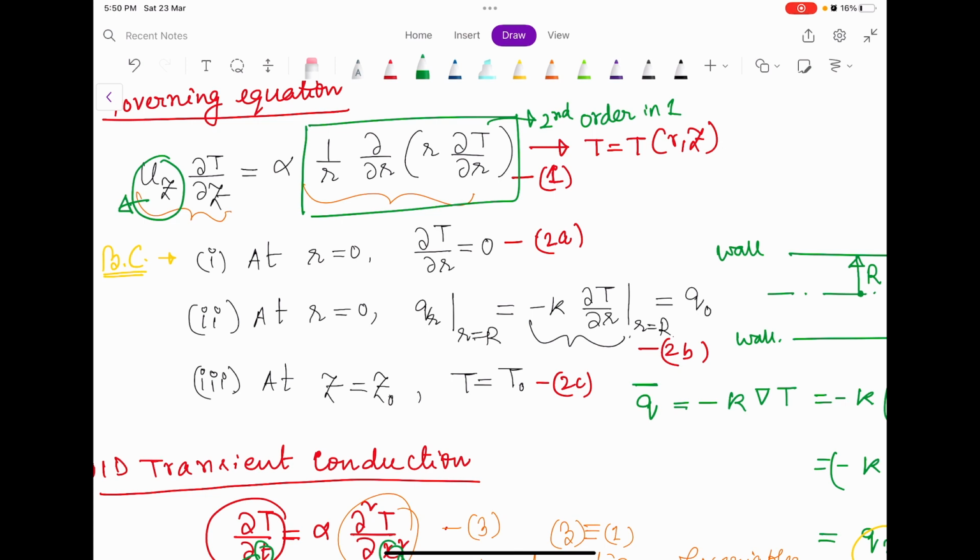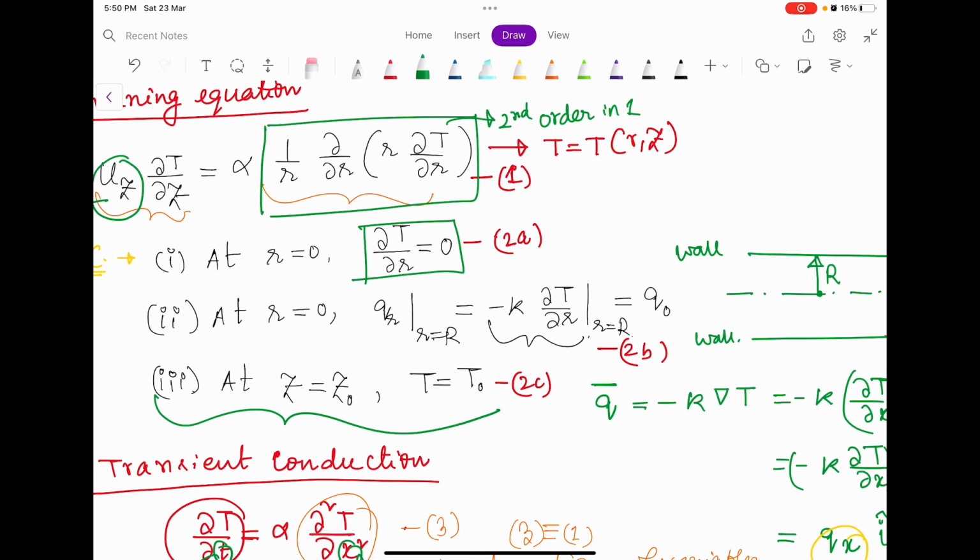In z we have a non-homogeneous boundary condition, that is true, but in r we have one homogeneous boundary condition here. So I hope you understand what I mean by homogeneous and non-homogeneous.